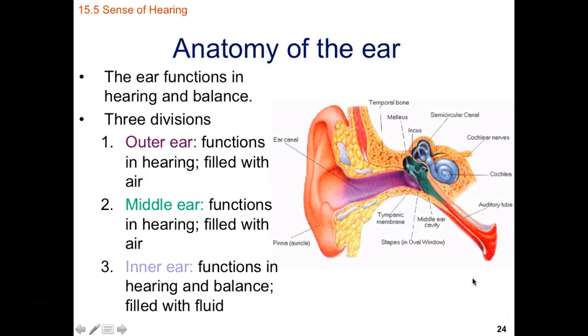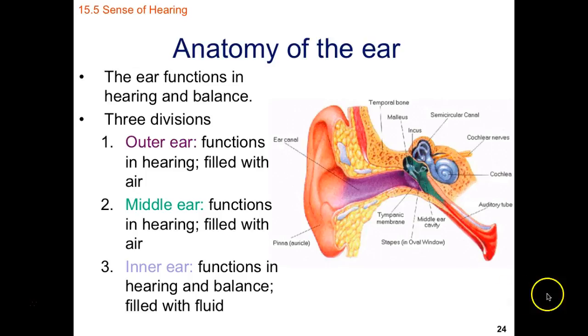All right, now we're going to move into the ear. Feel free to take a break and review information on the eye before moving on to the ear. You want to make sure you master the eye before you jump into the ear. So, just like how our eye was divided into 3 different layers, our ear has 3 different divisions as well.